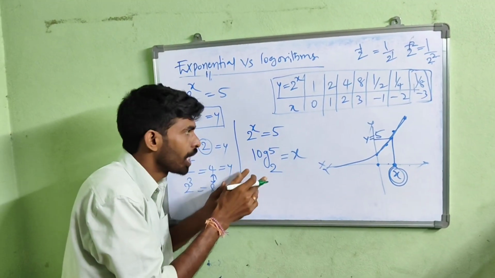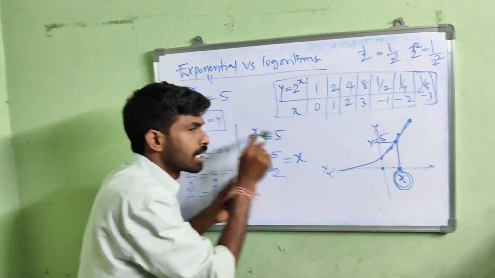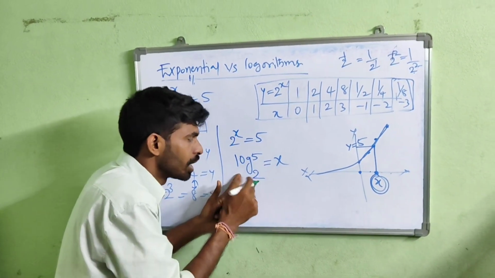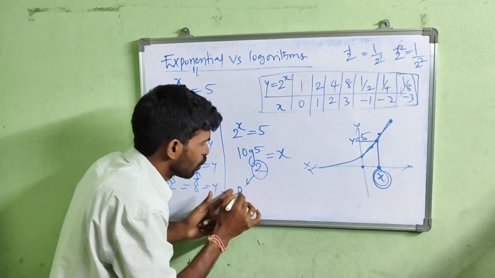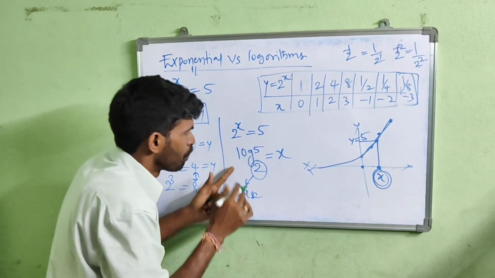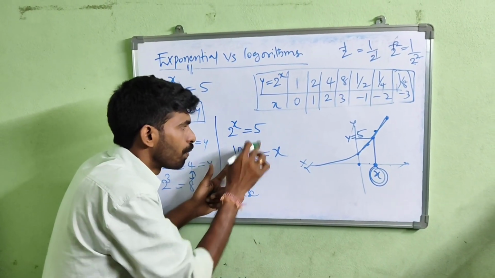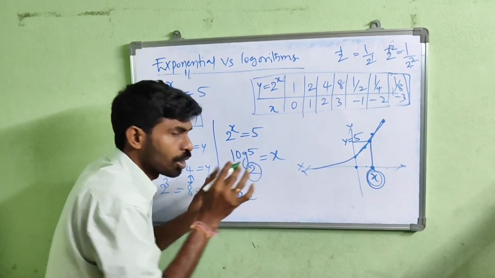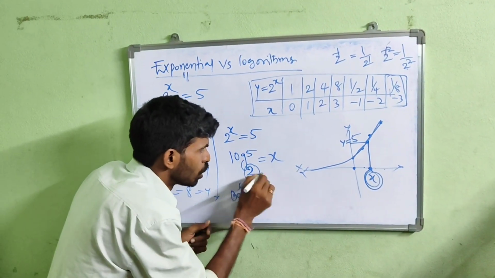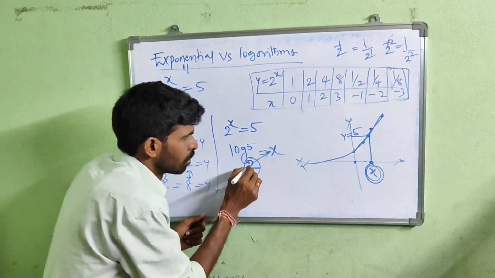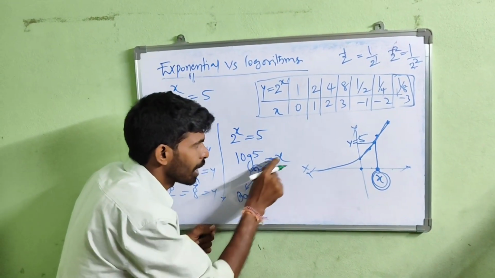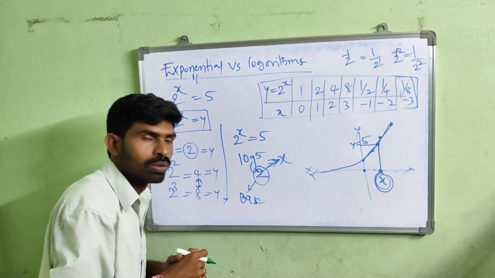How do we write it? Log of 5, listen carefully, log 5 to the base 2. This is what we call the base. Log 5 to the base 2 equal to x. 2 power x, you need to remember it like this in your brain: 2 power x equal to 5 means log 5 to the base 2 equals x.